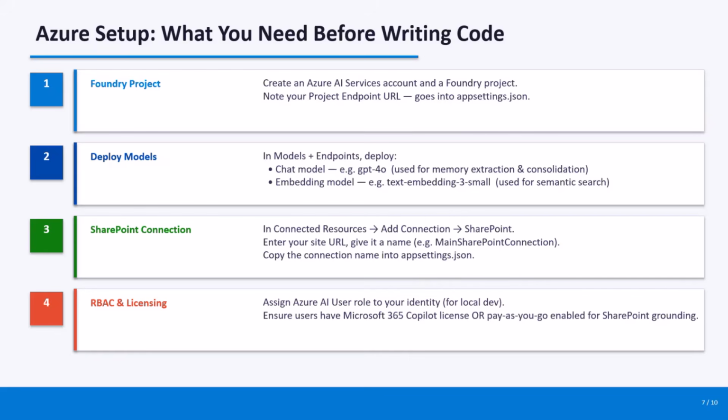That's a Microsoft 365 requirement, not a Foundry one, but it does affect whether this works. So you need to budget for it. And that's it. All of this flows into appsettings. No secrets, no environment-specific hacks. Same setup locally and in production.